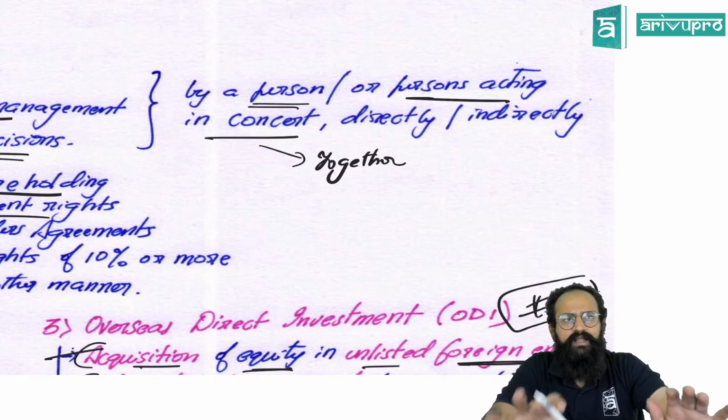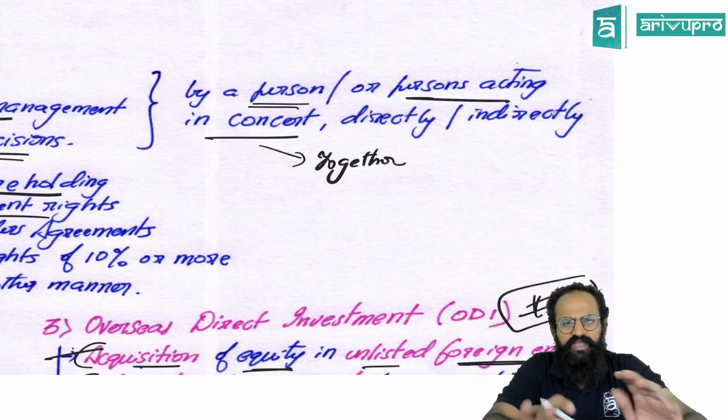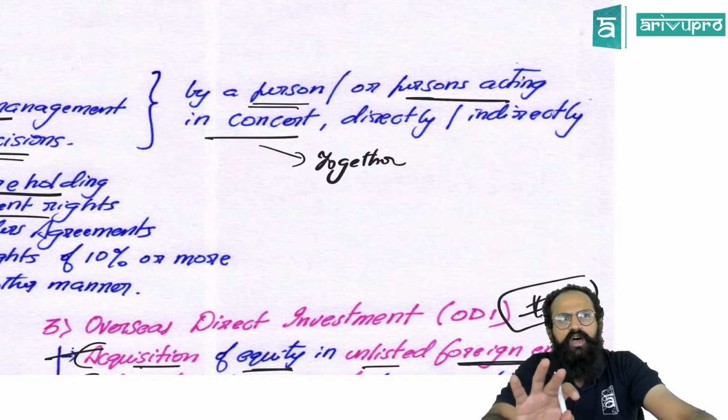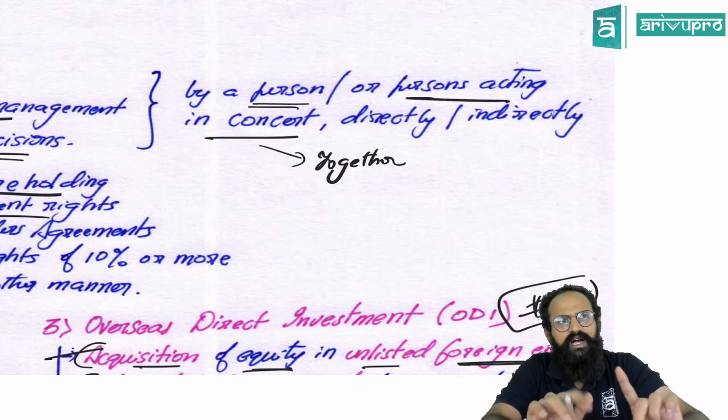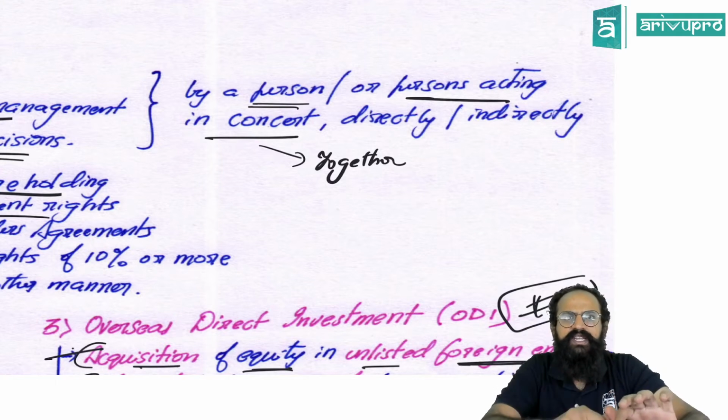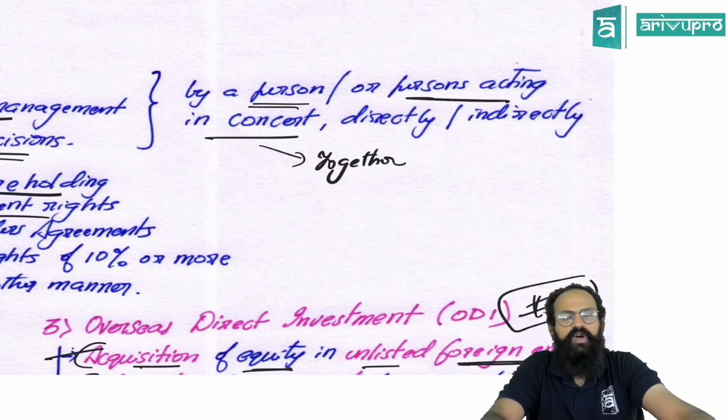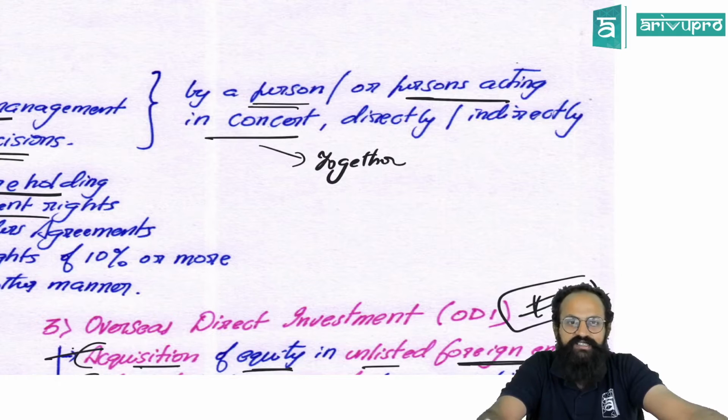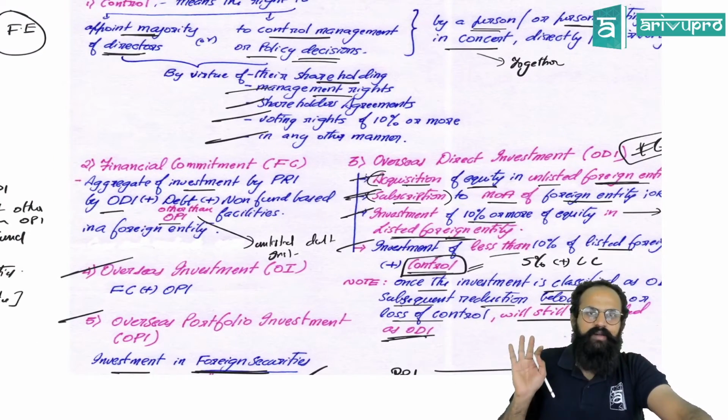For example, two siblings may plan to invest, or imagine an Indian company and its subsidiary company together investing in a foreign company. We call it person acting in concert. Two directors coming together and investing, person acting in concert. Understood? Yes. So this entire thing is important, people.